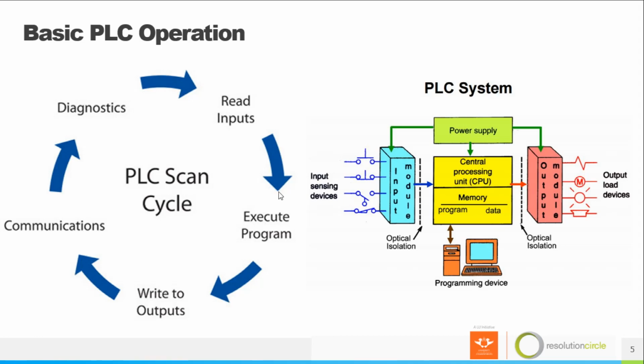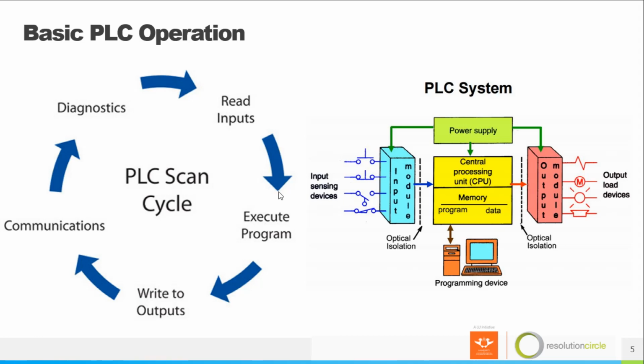Let me talk about the input signal module. The input signal module converts the signals provided by an input device into logic signals that can be used by the CPU. The CPU then uses the values of the inputs and outputs and other variables as it executes the user program stored in its memory.